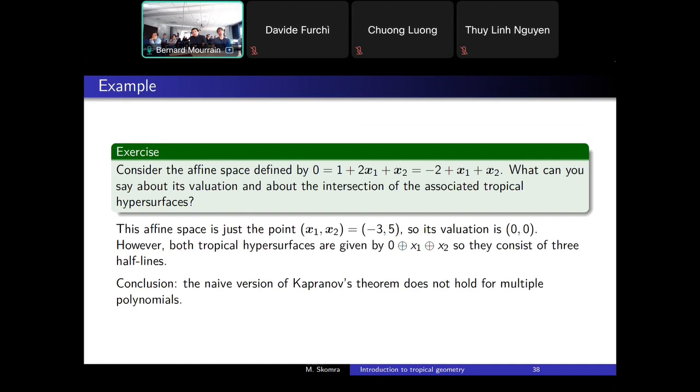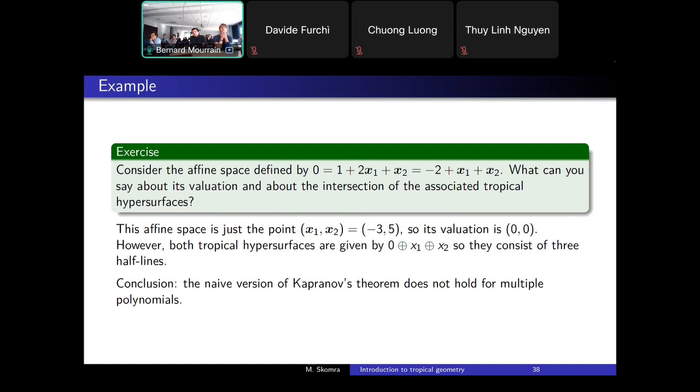However, what can we say about the tropical hypersurfaces or the tropical polynomials? Well, everything here has valuation 0, right? So this is 0, 0, and 0. And this is 0, 0, and 0. Right? So the tropical polynomials of this guy and this guy are actually the same tropical polynomial. This thing.